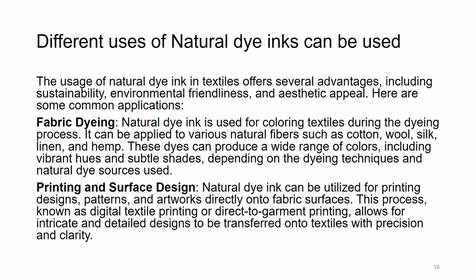It can be applied to various natural fibers such as cotton, wool, silk, linen, jute and hair. These dyes can produce a wide range of colors including vibrant hues and subtle shades, depending on the dyeing techniques and natural dye source used.